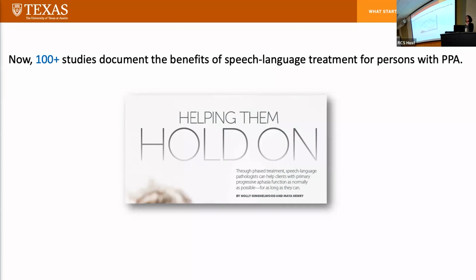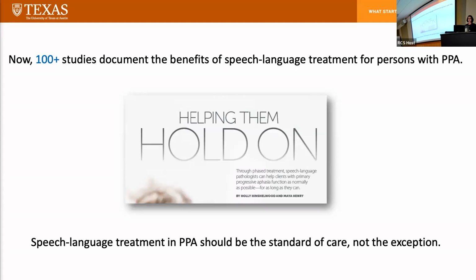So I would say most patients who get referred to our research lab for our clinical trials have not been referred to a speech language pathologist before. So people are still not getting help, even though there is help to be had. So it's our assertion, and we're hoping to get the attention of the neurology community, of neuropsychologists, of research funders, insurance companies, that speech language treatment in PPA should be the standard of care and not the exception.